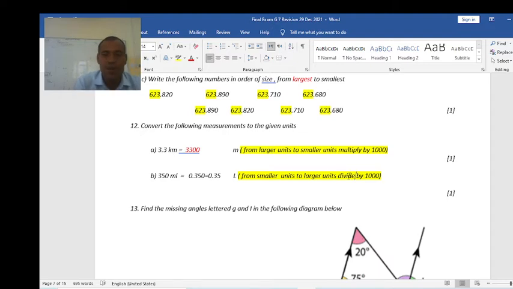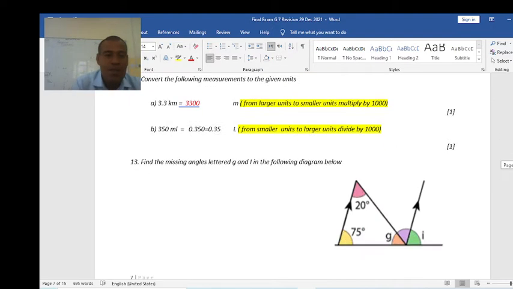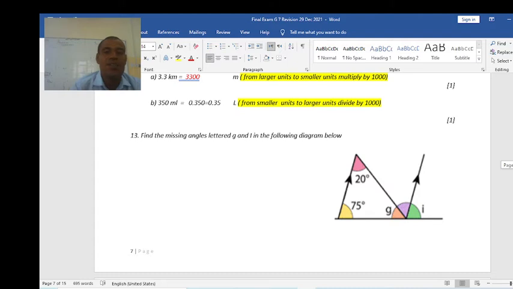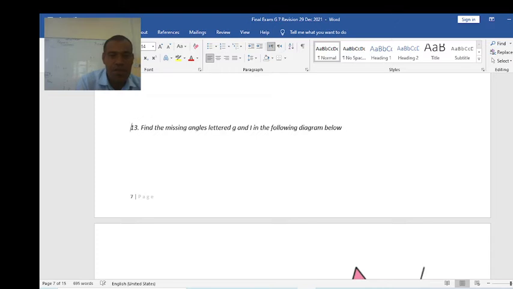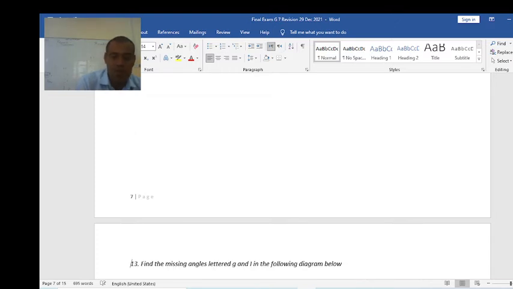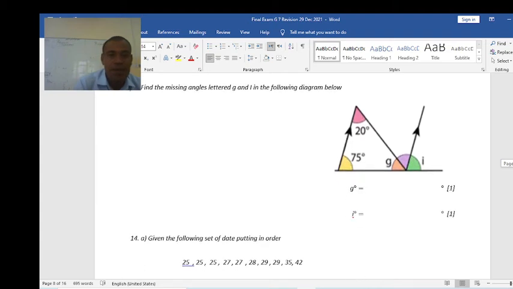Yes. The next question: find the missing English letters G and I in the following diagram. You see that G is equal to, I will make it down. Find the missing English letters G and I in the diagram below.